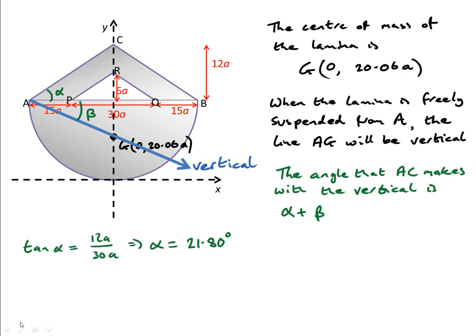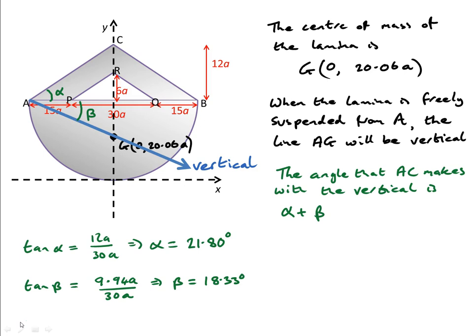Now, the point G is distance 9.94a below the line AB. So we can say that tan beta is 9.94a divided by 30a.